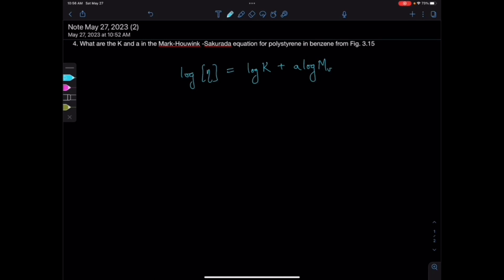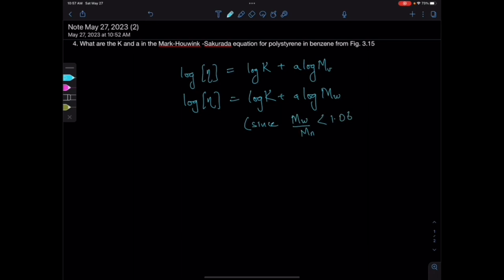So we can take it as log eta equals log K plus a log Mw, since Mw over Mn is less than 1.06.